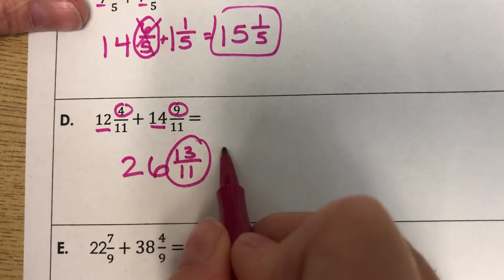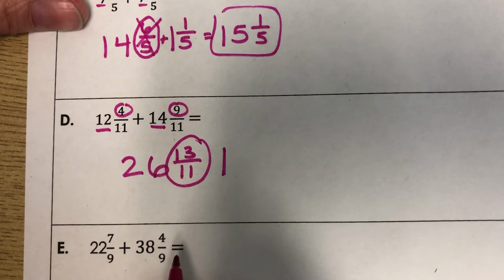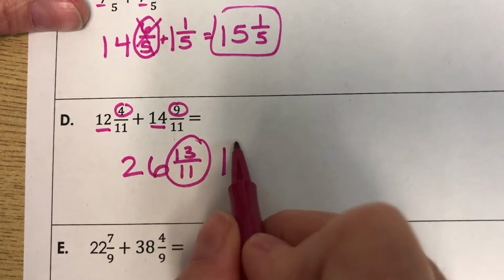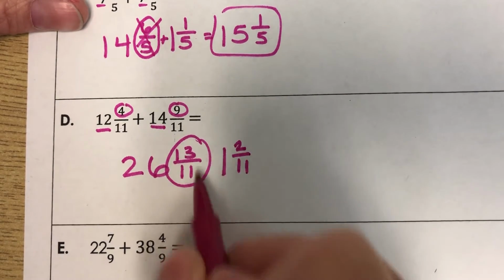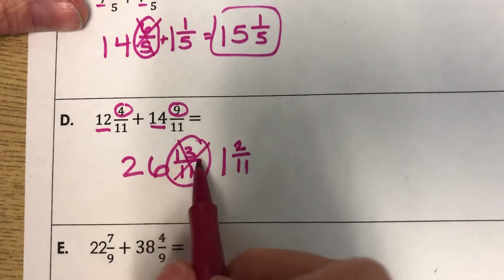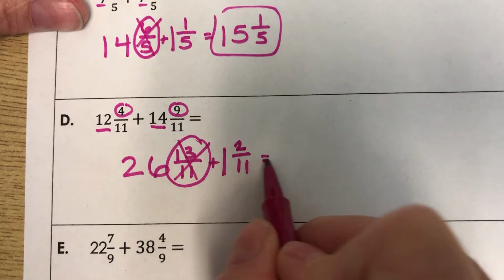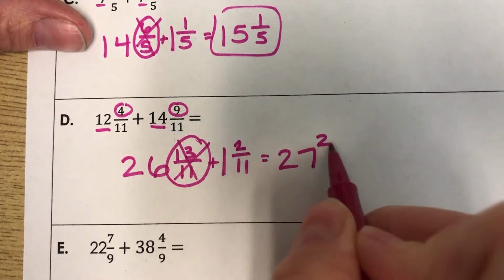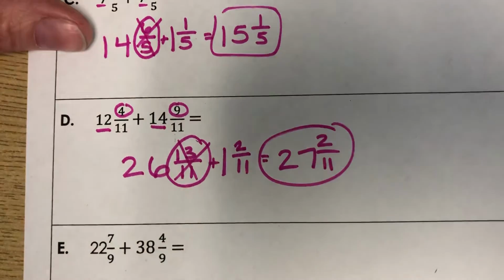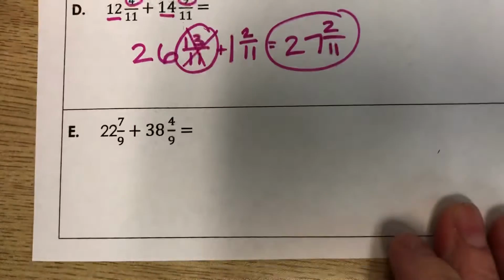Or, oh, I can pull out one group of 11 11ths from 13 11ths. And from 11 to 13, there's 2 left out of 11. So 26 and 13 11ths is the same as 26 plus 1 and 2 11ths, which gives us 27 and 2 11ths. All right, we're to the last one on this page.